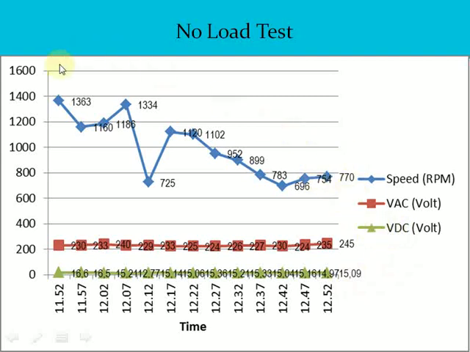From this result we can see that the speed of this generator is not constant. This is influenced by the condition of the test, because the water here is for common use.